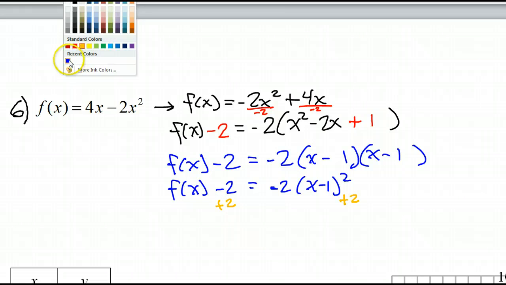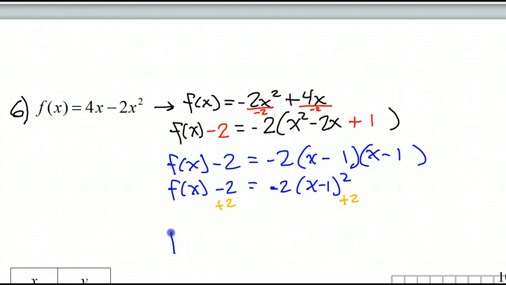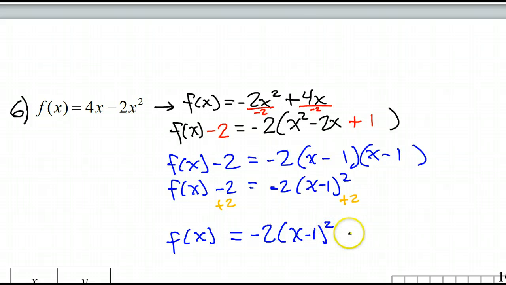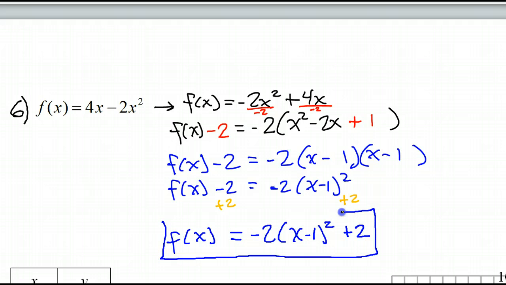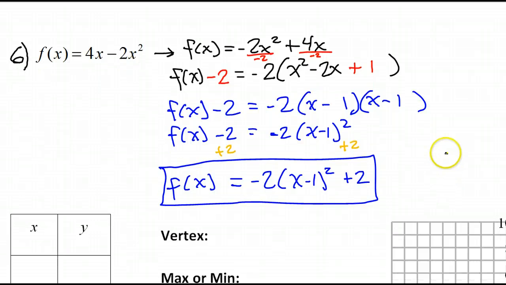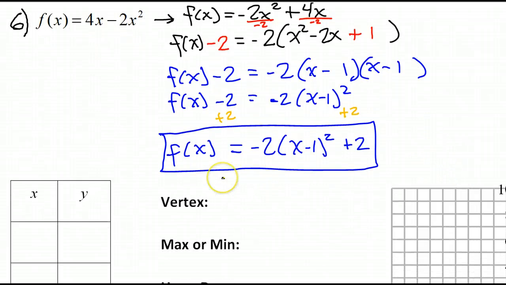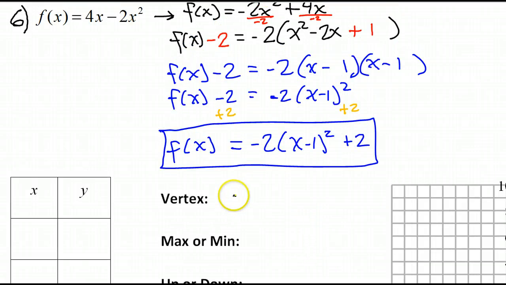So that is going to give me f of x is equal to -2 times x minus 1 squared plus 2. Okay, so this is vertex form. Alright, so once it's in vertex form, now we're supposed to find the rest of this information. So the vertex is +1, 2. Okay, opposite of this one, comma, that one.